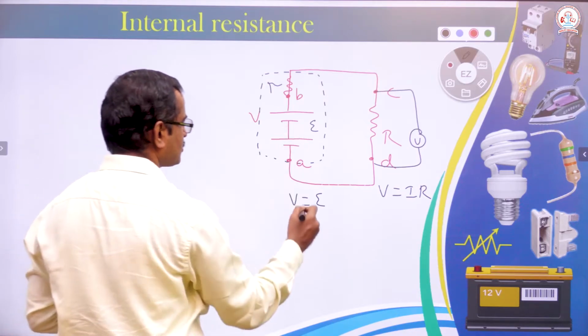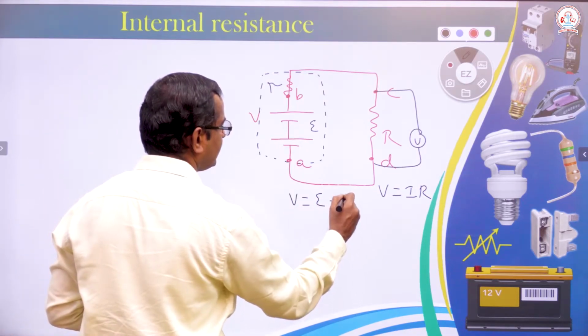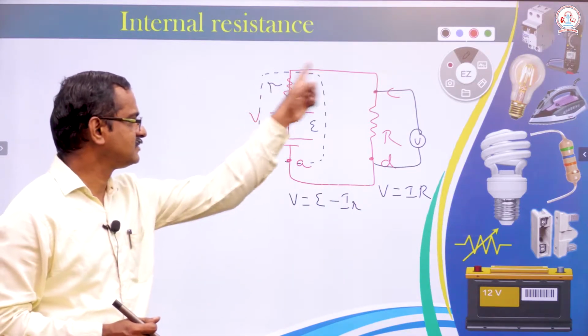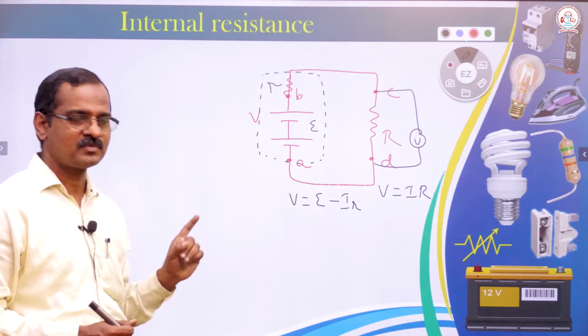So it is going to show us epsilon minus I into r, where I is the current, which will be the same.